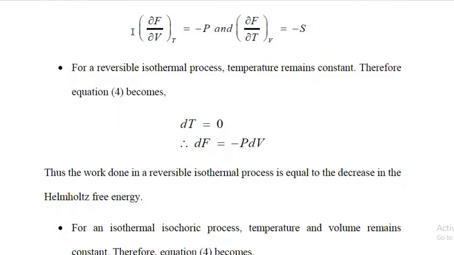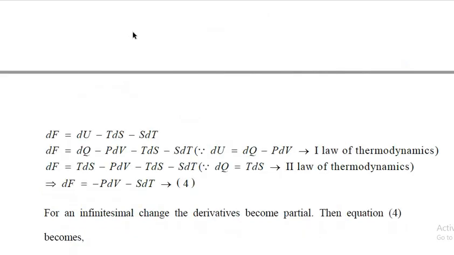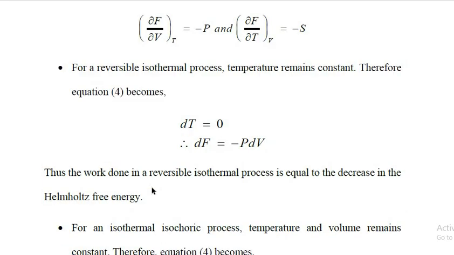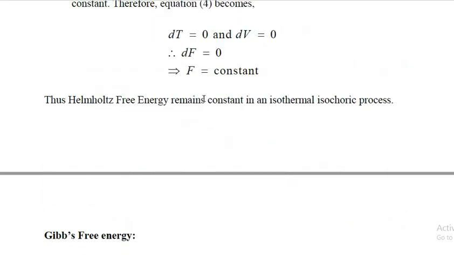Now for an isothermal isochoric process, temperature and volume remain constant. So if you see equation 4, for an isochoric process the first term becomes 0, and for an isothermal process the second term becomes 0. Therefore dF is equal to 0.